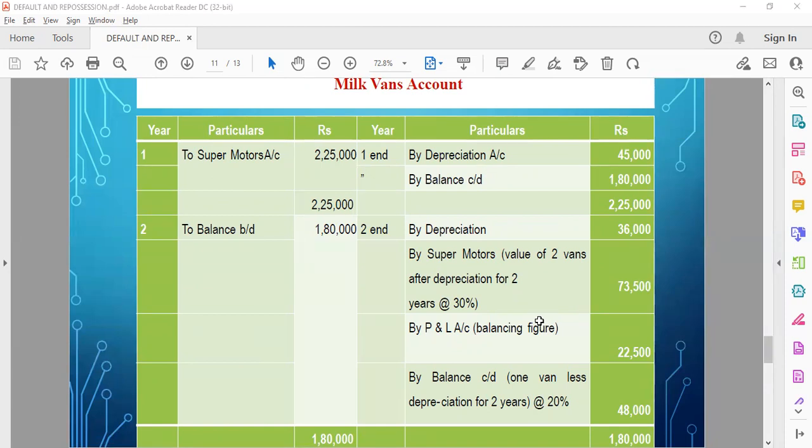Total value of all the 3 vans, 2,25,000, right?